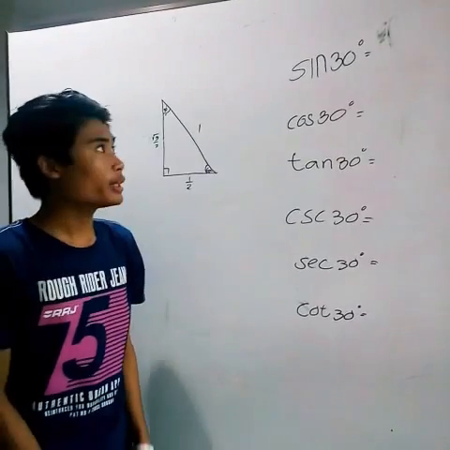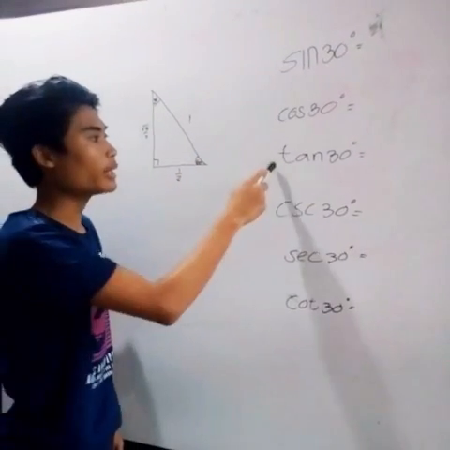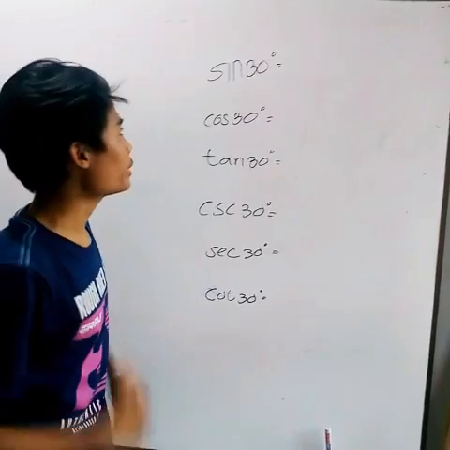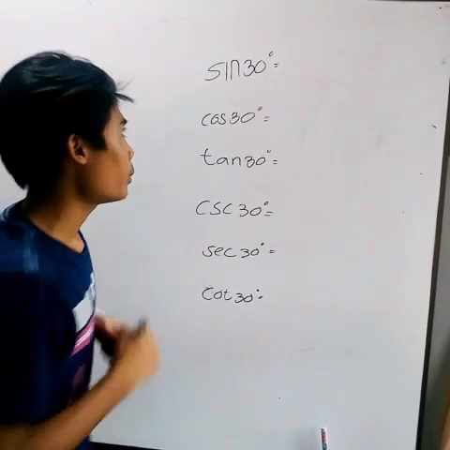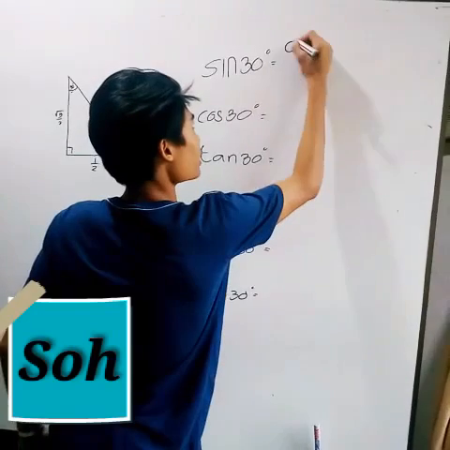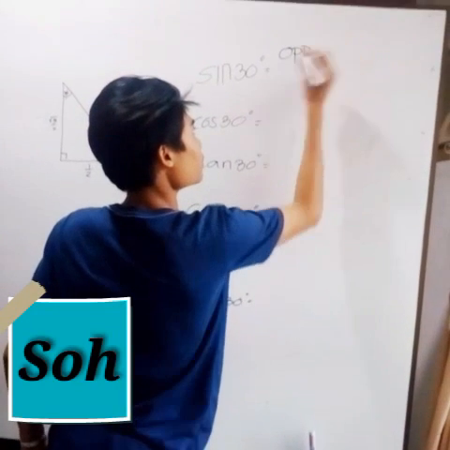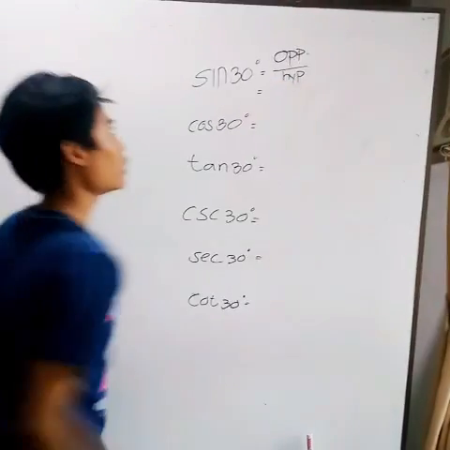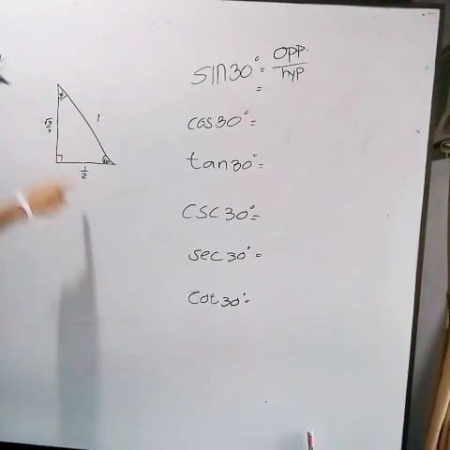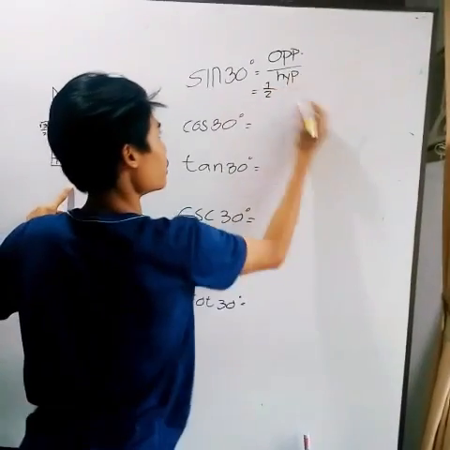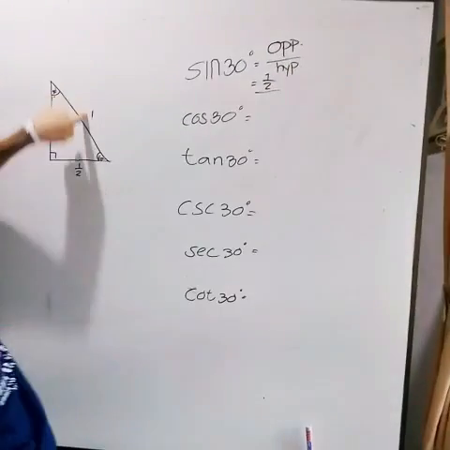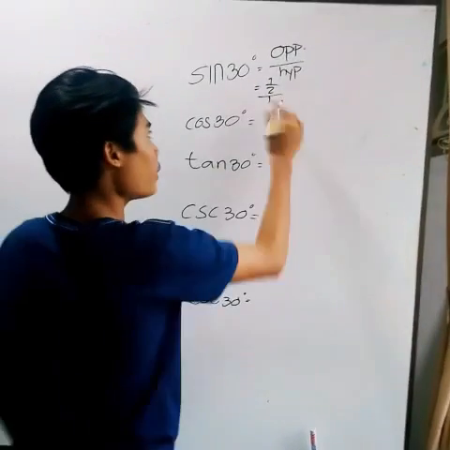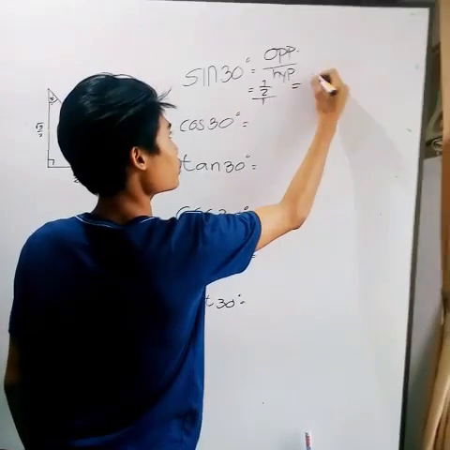In order to get sine, cosine, tangent, we will use SOH-CAH-TOA. In order to get sine 30, we will use opposite over hypotenuse. Our opposite side is 1/2, and our hypotenuse is 1. 1/2 divided by 1 is equal to 1/2.